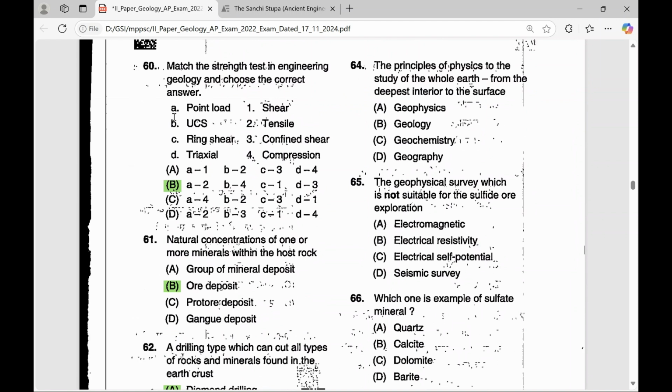Here the correct answer will be B, where point load corresponds to tensile, UCS corresponds to compression, ring shear corresponds to shear, and triaxial corresponds to confined shear.